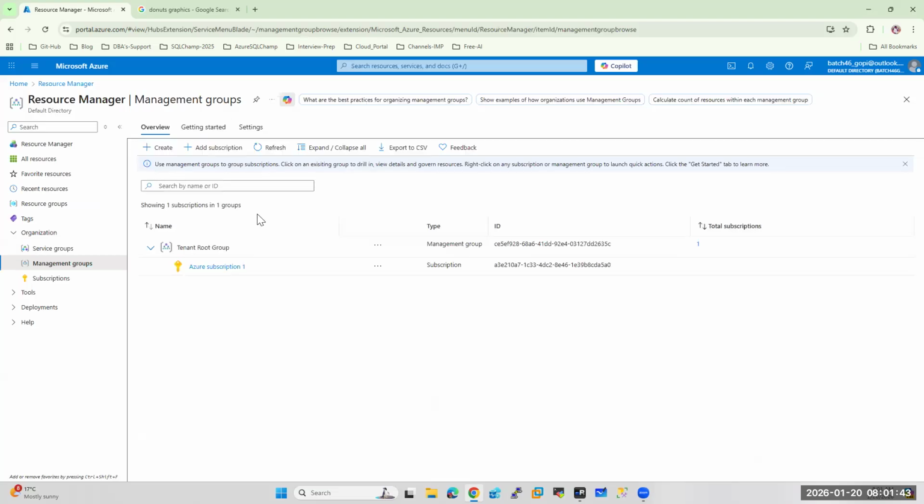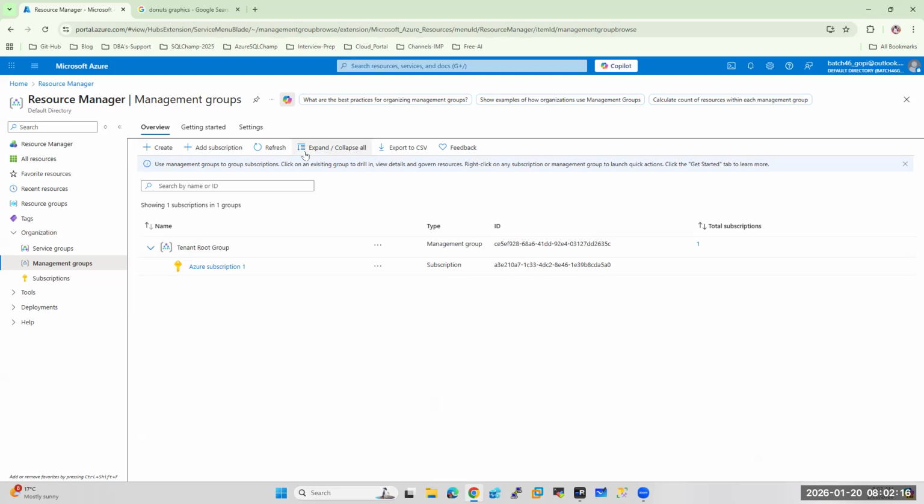This is one more hierarchy on top of your subscription, but usually we won't go for management groups. For example, take Hanu. Hanu is one of the biggest partners for Microsoft. Hanu will go to Microsoft and purchase a lot of subscriptions. To manage that many subscriptions, they will keep one more hierarchy on top of the subscriptions, that is nothing but management groups.